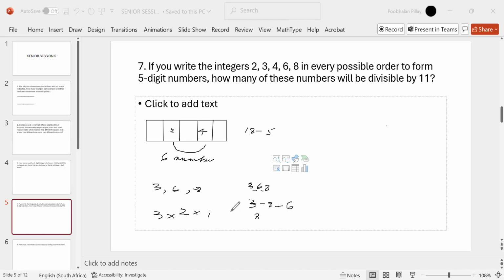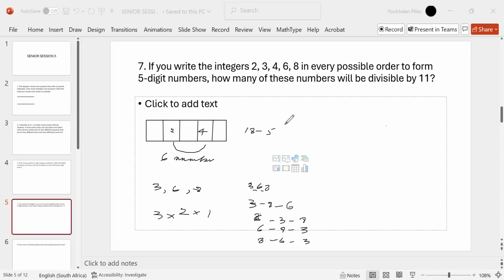Or you can start with 6, in which case you got 6, 3, 8 or 6, 8, 3. Or you can start with 8: 8 blank, 6 blank, 3. Or 8 blank, 3 blank, 6. So those are your 6 numbers. You can actually list the 6 numbers. Okay. So there are 6 numbers with this group.